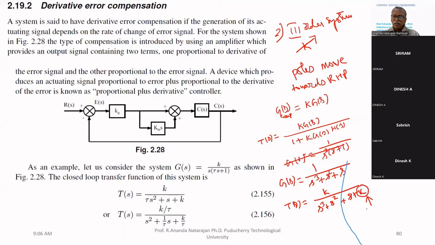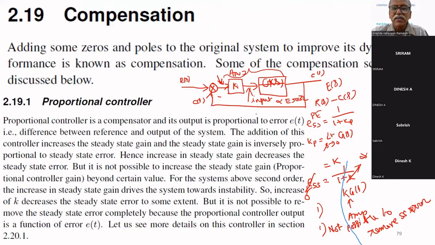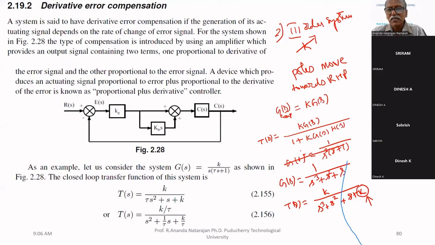Here, the k is part of the denominator. Where we included the k in the forward part, it was in the numerator, but in the closed loop it becomes part of the denominator.